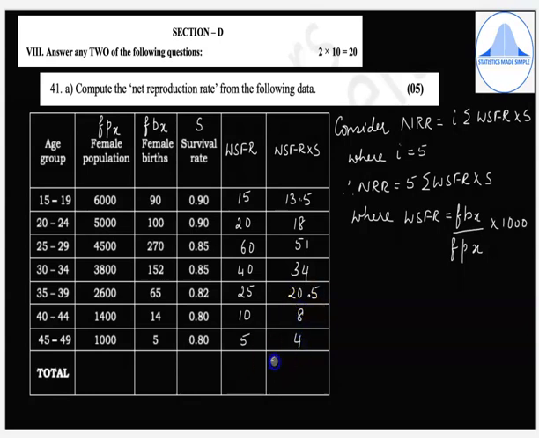Next, find out summation WSFR into S, which is equal to 149. So therefore, NRR is equal to 5 into 149, or NRR is equal to 745.